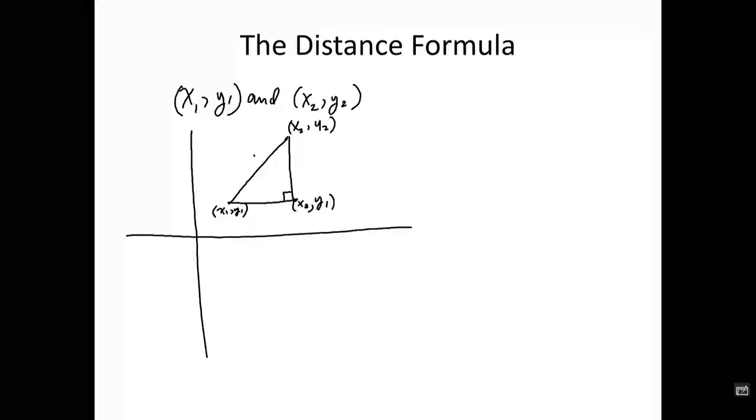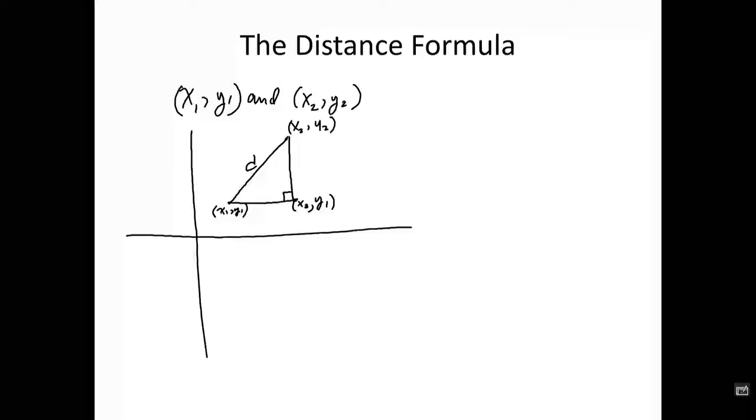So we want this distance d. We've constructed a right triangle here with coordinates of this point, x1, y1, x2, y2, and x2, y1. So what is this horizontal distance?